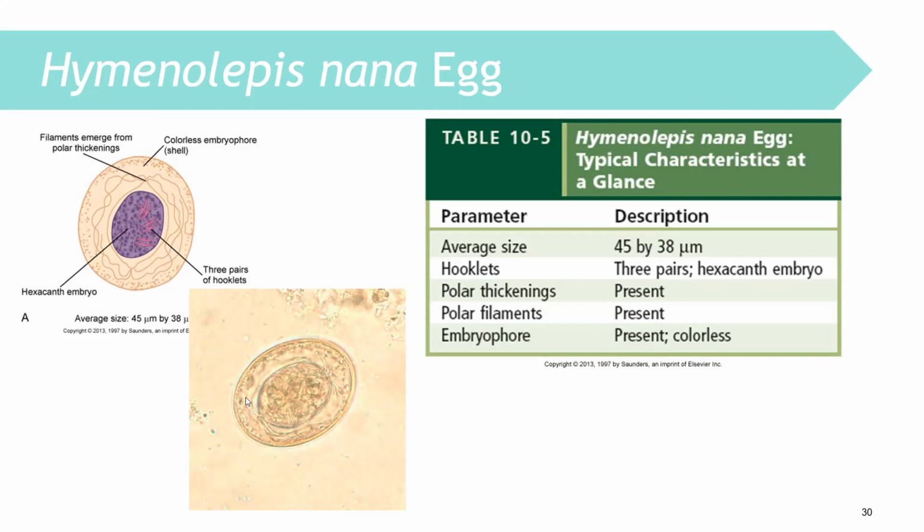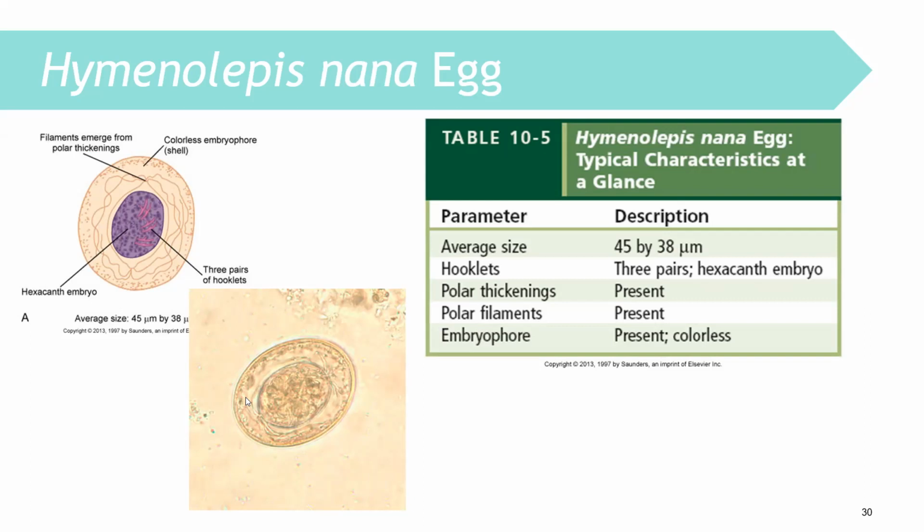Typically, at a glance, the egg of Hymenolepis nana is almost similar to the egg of diminuta. There is a hexacanth embryo, there are hooklets, three hooklets also. It also has polar thickenings, and it also has a colorless embryophore.